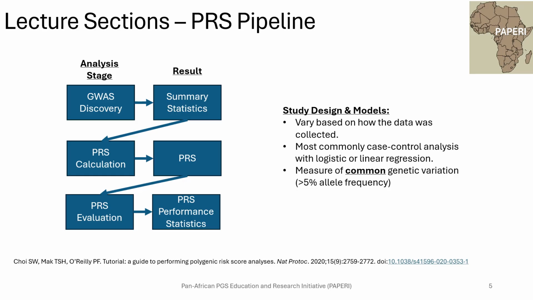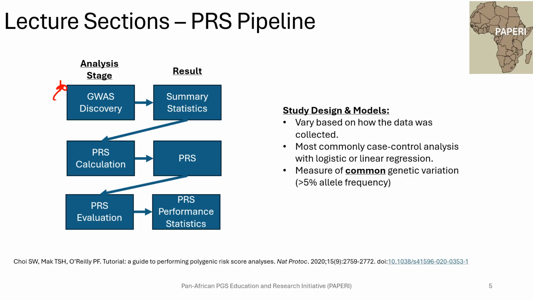And we're going to start up here in the upper left at the analysis phase for GWAS discovery. This is where we're conducting the GWAS analysis, or other people are conducting the GWAS analysis, and they're looking at all the genetic variants across our chromosomes and determining which ones are associated with disease.